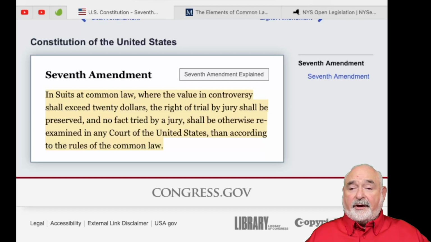So what's important here is the 7th Amendment right to a jury trial only exists where the action is brought at common law.